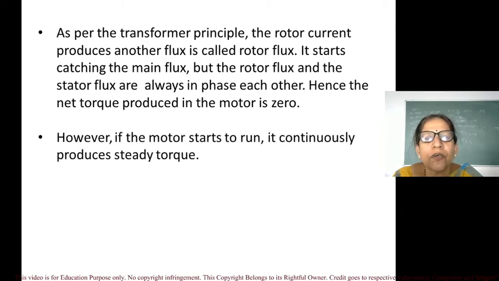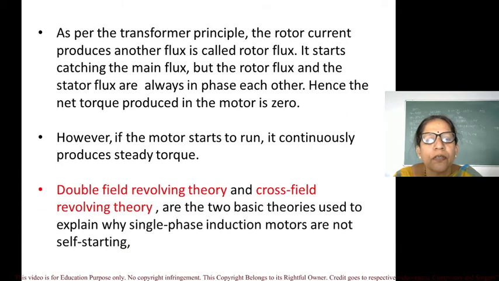So the initial torque produced by the motor is 0. However, if the motor starts to run, it continuously produces a steady torque. What does it mean? Though initially the torque is absent, if by some means we start the motor, then it continuously produces a steady torque.